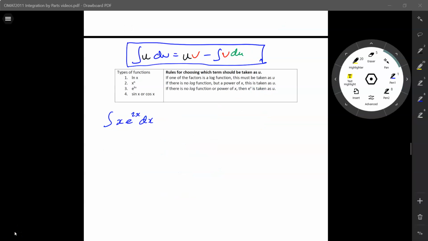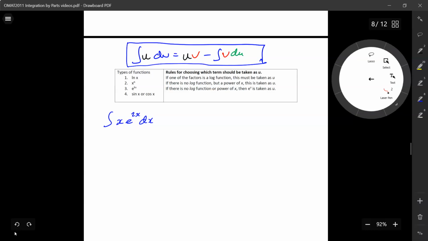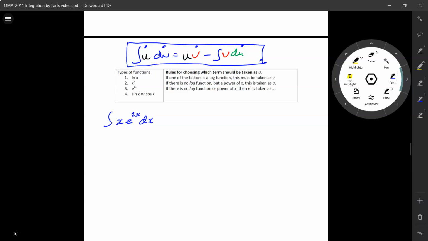In this example, we're integrating a product of x times exponential 2x. So as before, we need to identify u and dv, and from that we can work out v and we can work out du, which we need for our formula, the integration by parts.